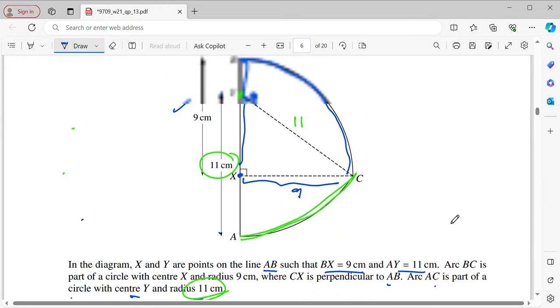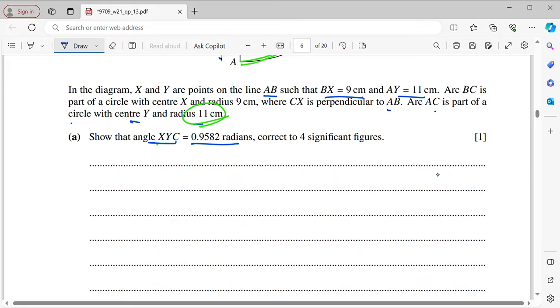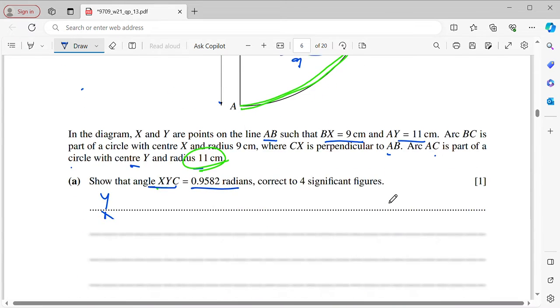So to get XYC, so XYC means this angle. So to get this angle, we need to use the triangle XYC. Okay, so now CXY, and then from the labeling, I know that YC is 11, XC is 9.